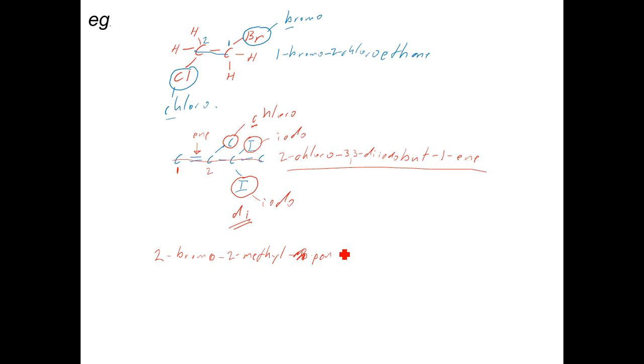And let's make it a pentane. Okay, so 5 of them. 1, 2, 3, 4, 5 is our pent. No double or triple bonds. On carbon number 2, whichever end we want to start with, we're going to have a Br, and we're also going to have our CH3. That's on there.